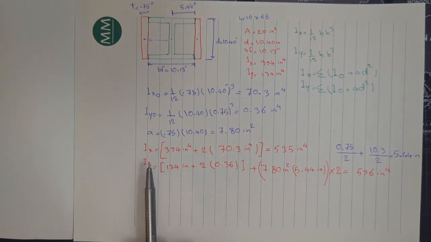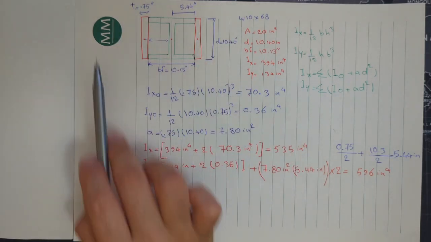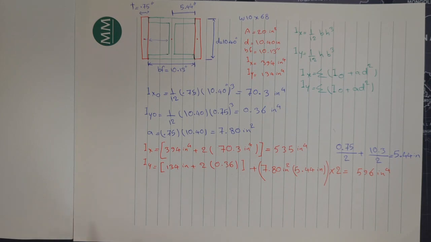So now we have IX and IY for the whole shape. Now we can calculate the radius of gyration.